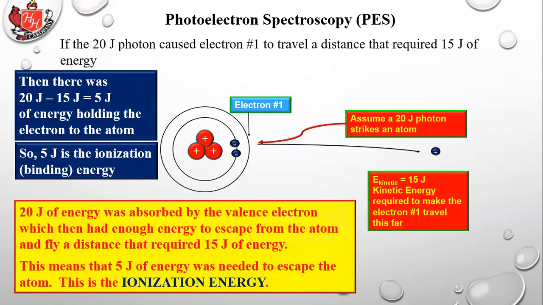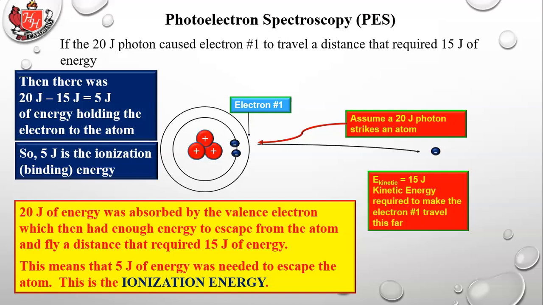So 20 joules of energy, let's follow this, let's think about this. 20 joules of energy was absorbed by the valence electron, the one that flew away, which then had enough energy to escape from the atom and fly a distance that required 15 joules of energy. So this means that 5 joules of the 20 joules that came in from the photon was needed to escape the atom.